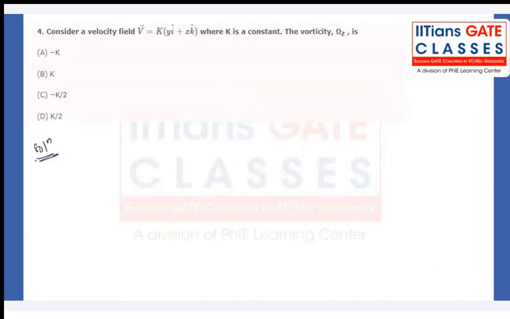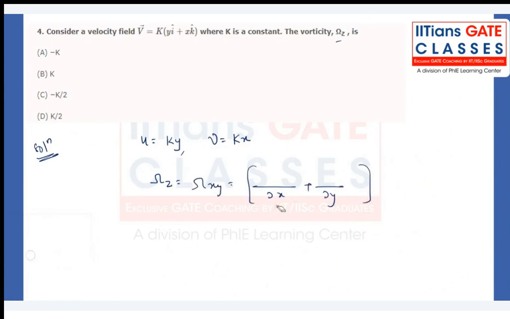The velocity field has been given: u is ky, v is kx. They are asking what is the vorticity z. That means they are asking the vorticity about the z axis in the xy plane. So dou v by dou x is k, dou u by dou y is once again k.